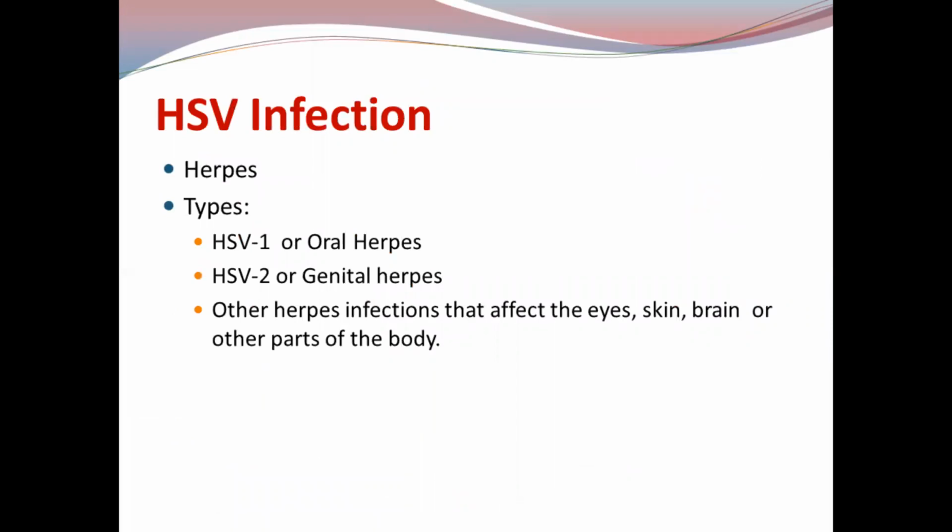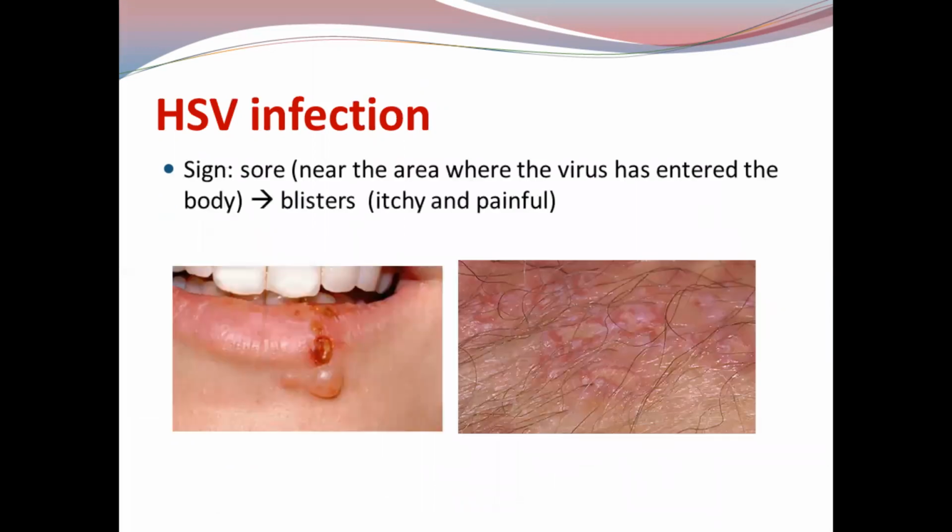Sa HSV infection, meron kasing HSV1 and HSV2. Yung HSV1 is oral herpes, yung herpes na nakikita sa bibig. And HSV2 nakikita sa genital. May example pala. Kaya yung sa HSV1, yung mga parang oral ulcers.